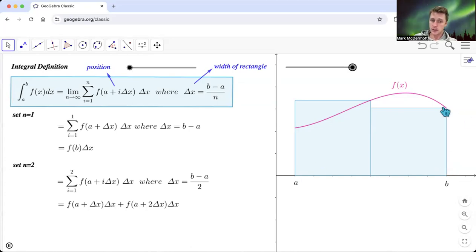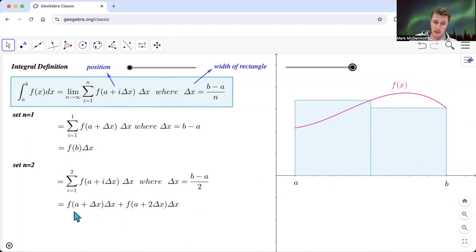So then we're at f of a plus 2 times delta x. So we start at a, and two groups of delta x gets us to here, which is b in this instance. And so the height of the function at that point is f of a plus 2 delta x, multiplied by delta x again, which is the width of the rectangle.